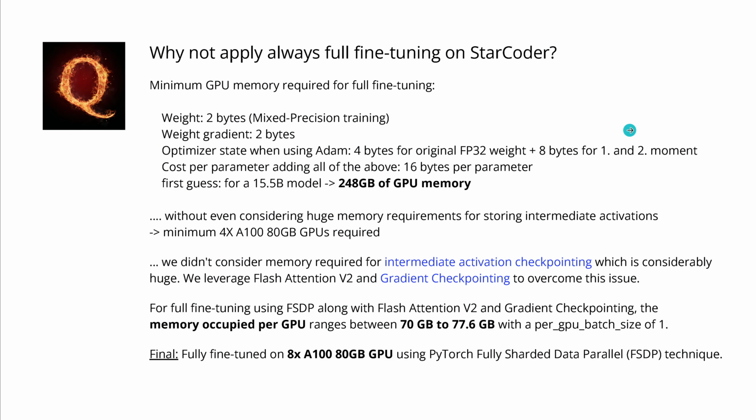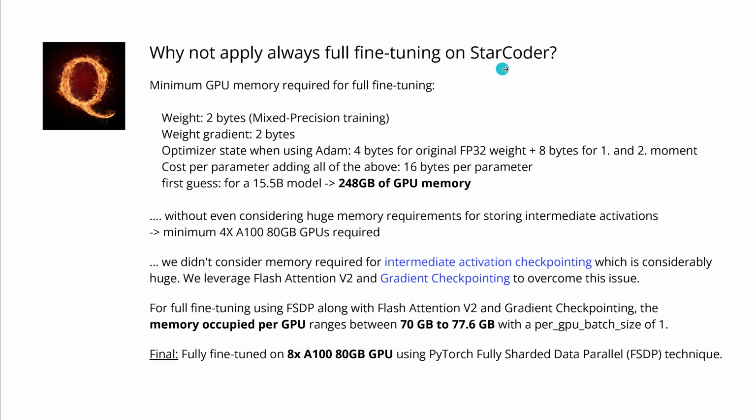Now, let's have just a fly over the GPU, or in general, the minimum GPU memory requirements for the full classical fine-tuning. What we see is, if you just think about what we need as a minimum, you come close to 250 gigabytes of GPU memory.